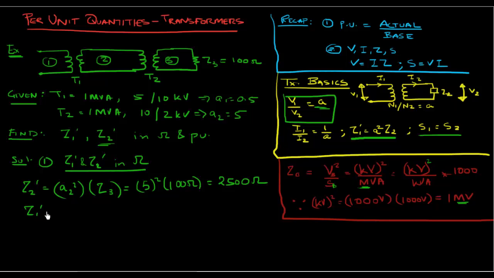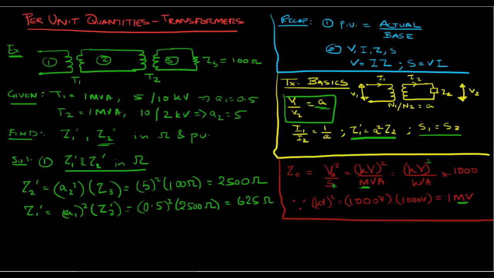Now my Z1 prime is A1 square times Z2 prime, because here the impedance is nothing but Z2 prime. So this becomes 0.5 square times 2500 ohms, which I believe is 625 ohms.